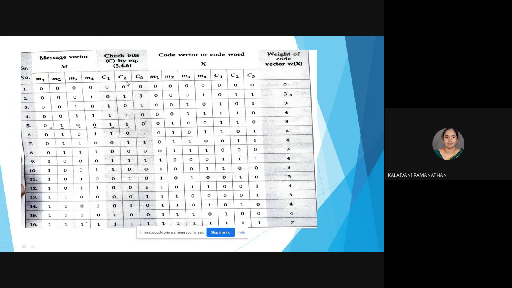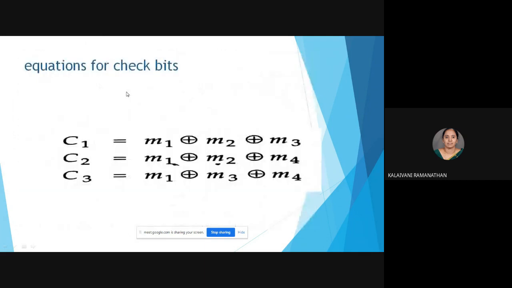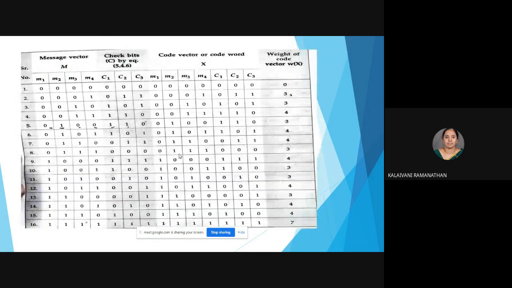Similarly, you have to note down your C2 with respect to this equation M1, M2, M4. Between these, you have to perform the modulo addition, that is XOR operation. So from the table, you will be able to note down your M1, M2, and M4, and from this you can find out your C2. So here M1, M2 is 0, 0, and then M4 is 1.